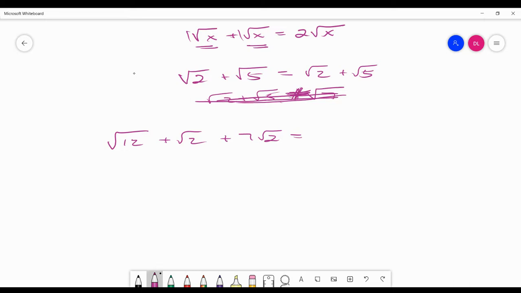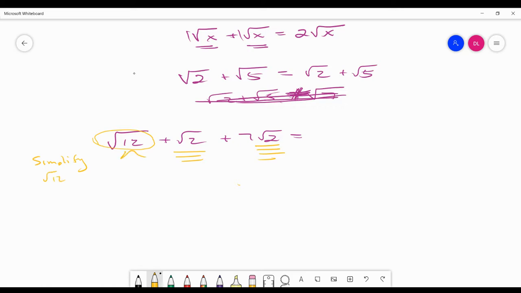If we look at this a little differently, I have a square root of 2 and 7 square roots of 2, so these two are like each other. But this one here is not like the other two. So what do I need to do? I need to simplify root 12. And how do I simplify root 12?